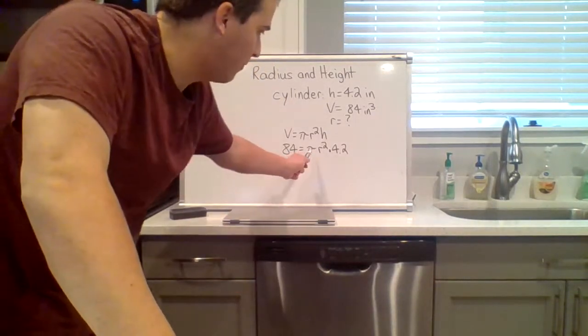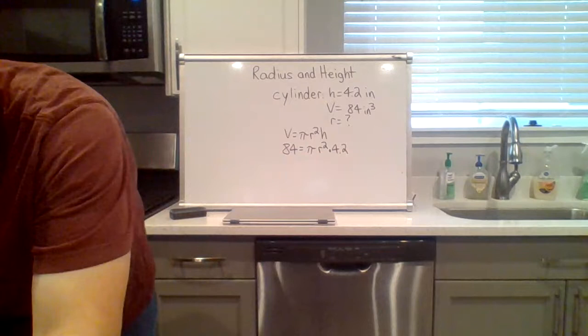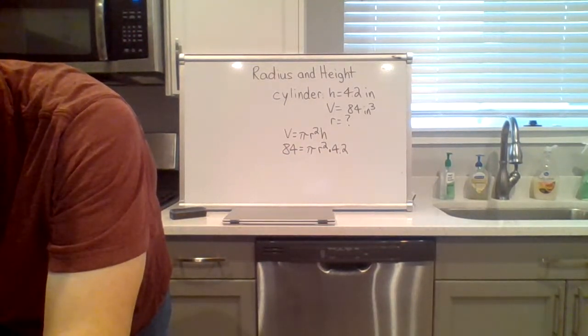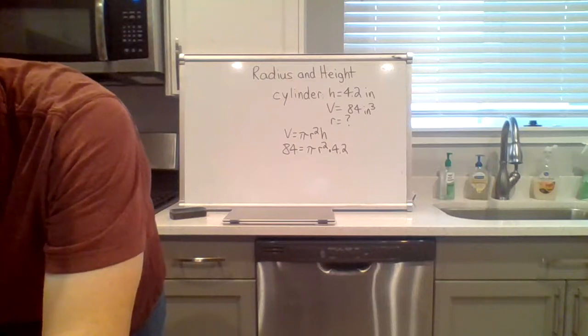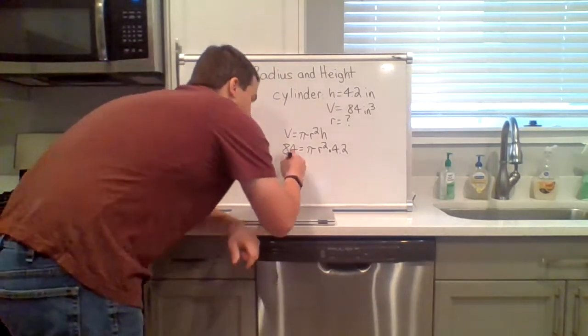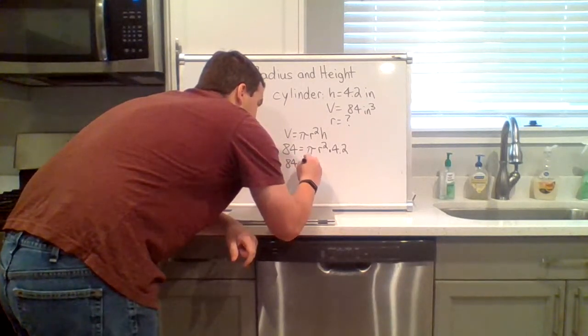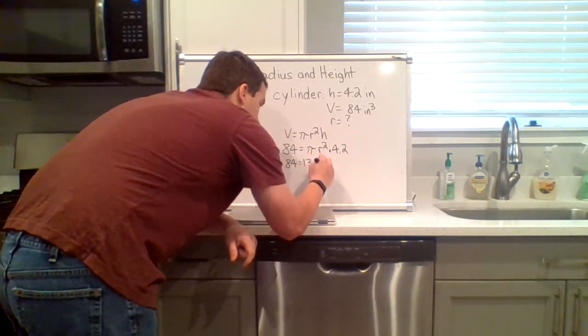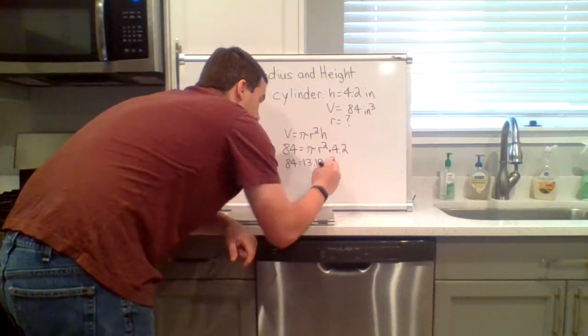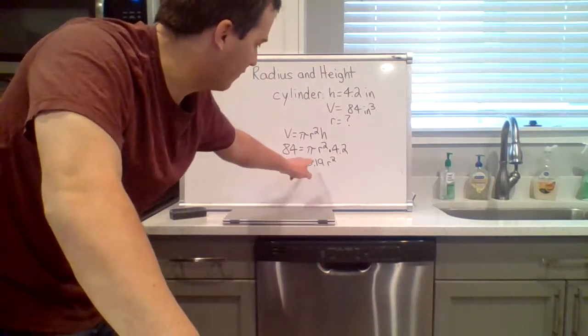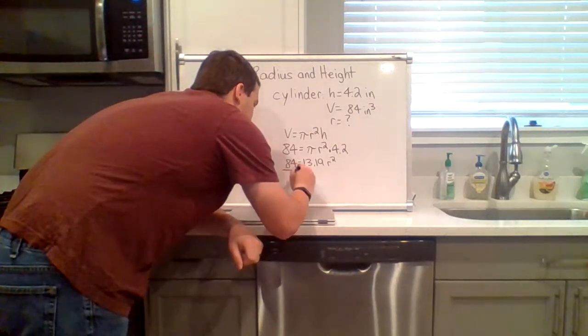So first we're going to do pi times 4.2, which is 13.19 according to my calculations. Then we solve for r squared by doing 84 divided by 13.19.